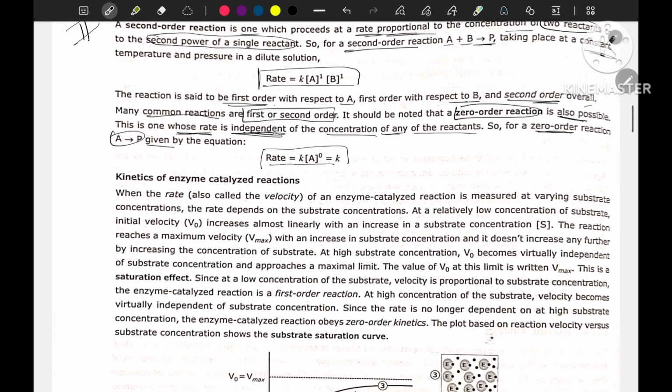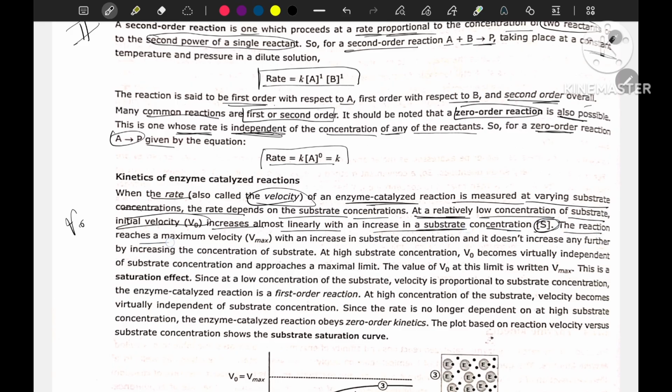Kinetics of enzyme catalyzed reactions. When the rate, also known as velocity, of an enzyme catalyzed reaction is measured at varying substrate concentration, the rate depends on the substrate concentration. At a relatively low concentration of substrate, initial velocity V0 increases almost linearly with the increase of the substrate concentration [S].